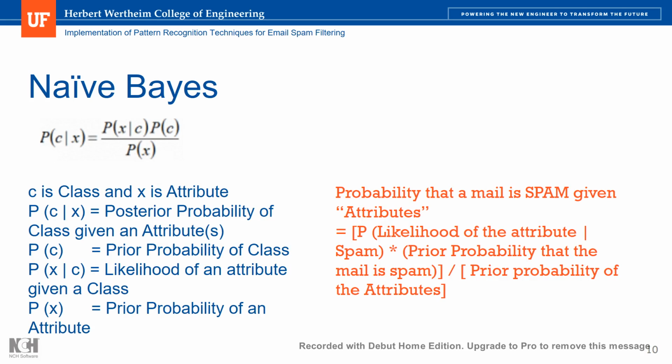So the generalized formula of naive Bayes is as shown, where C is class and X is attribute, and P(C|X) is the posterior probability of the class given some attributes, and P(C) is the prior probability of the class. P(X|C) is the likelihood of an attribute given a class, and P(X) is the prior probability of an attribute.